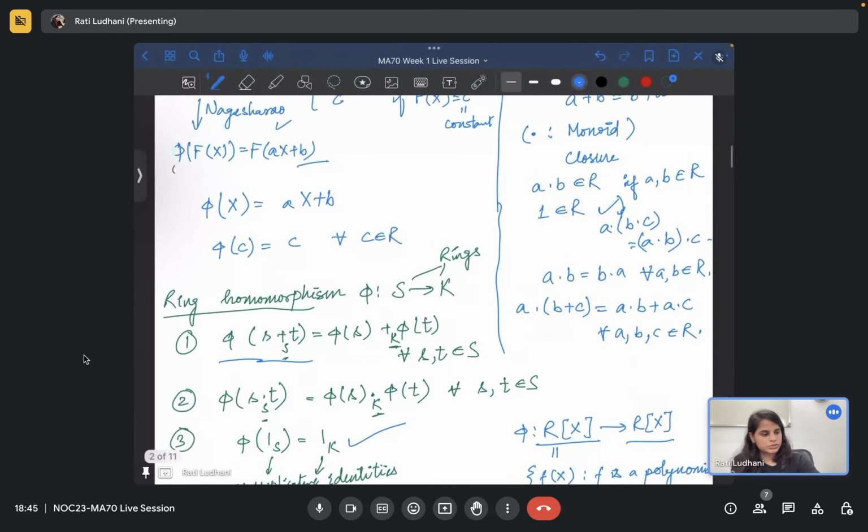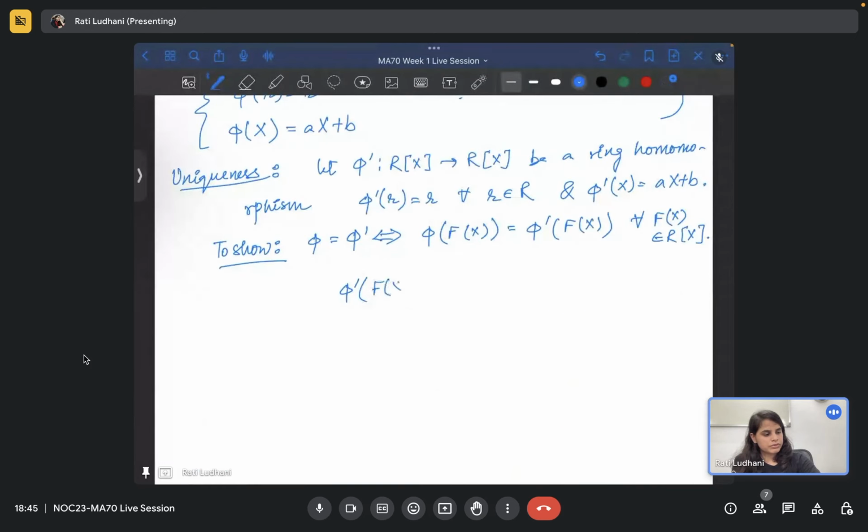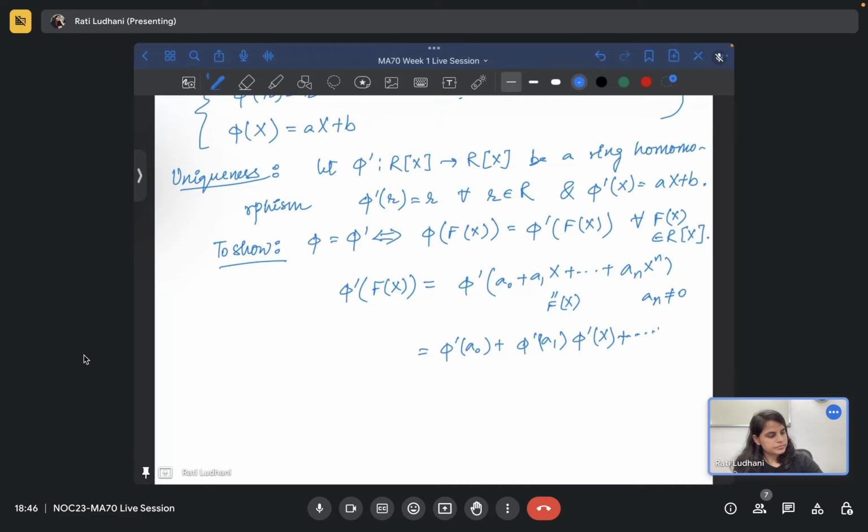So what should we do? We just take phi dash of f(x), and as we did to construct it, we split it, where an is not equal to 0. Let's say this is f(x). Then because of ring homomorphism, as I explained earlier, everything splits like this: phi of a0 plus phi of an, phi of x raised to power n.